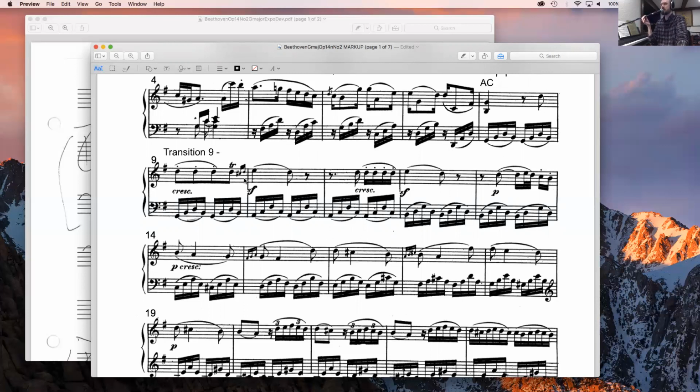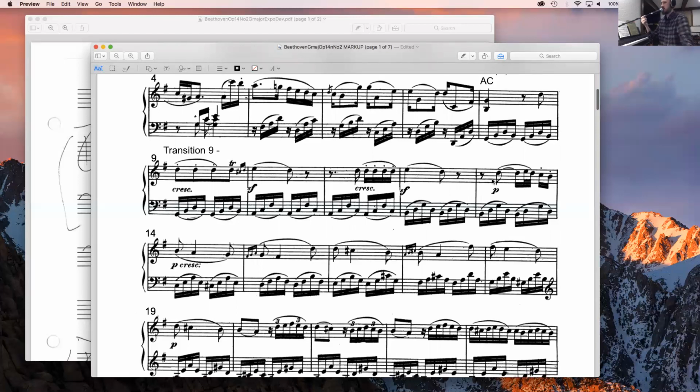So that's the transition. If we're going along, sort of repeating this idea, and remember, we're in G major, so we want to be looking for motion to D major, which we kind of get pretty soon here. So we've got our little melodies.